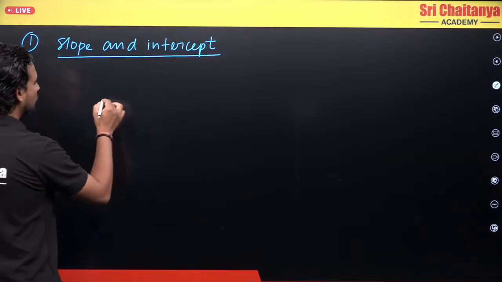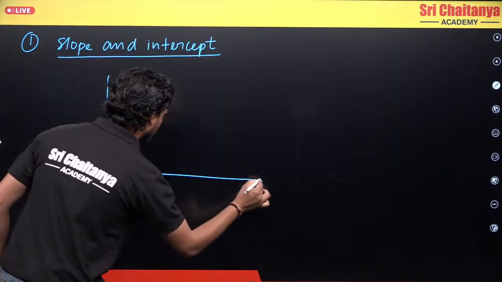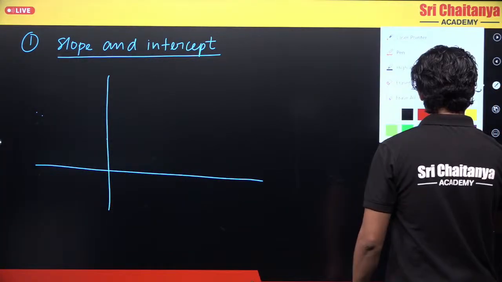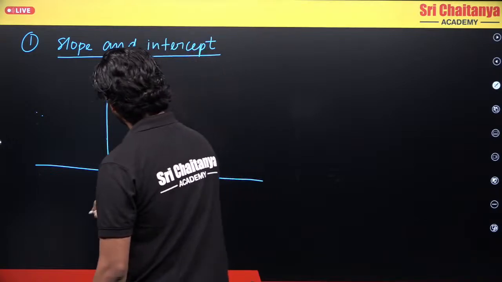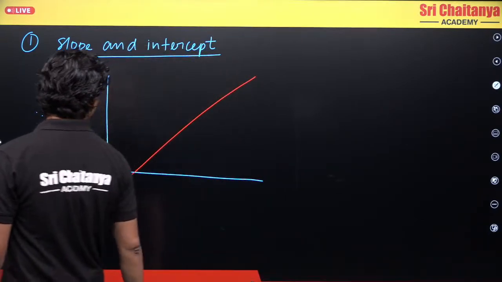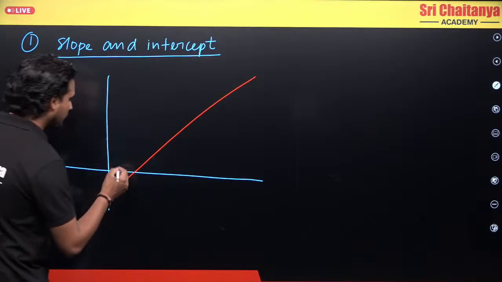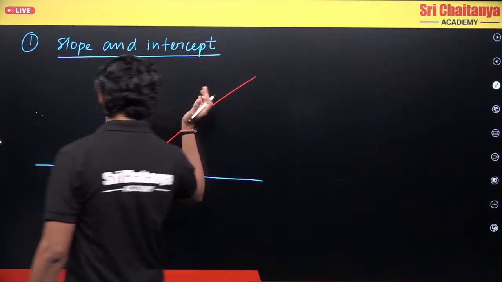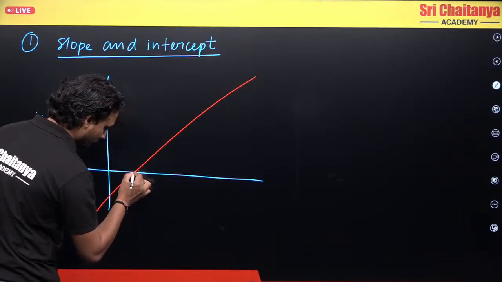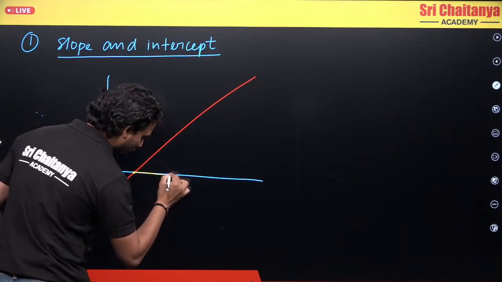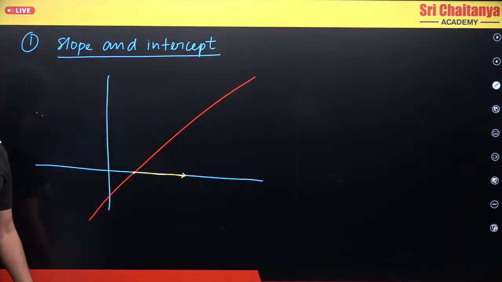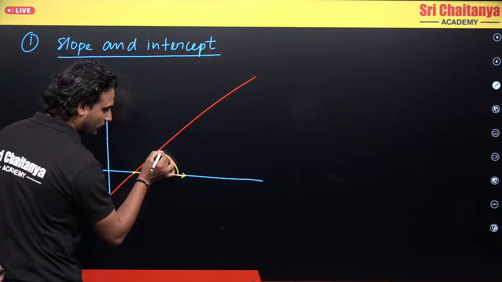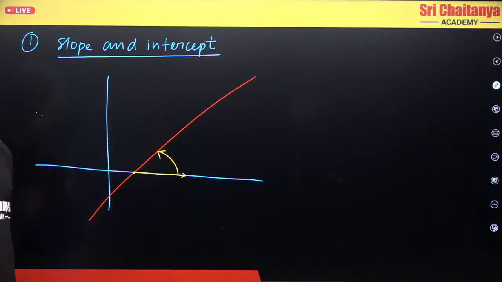So first of all, how do you calculate slope? To calculate slope, we took a straight line. Let's suppose we have a straight line like this. The first thing you have to do is find the point where it cuts the x-axis, then extend this line along the positive x-axis, and from this point move in an anti-clockwise direction till I reach the straight line.